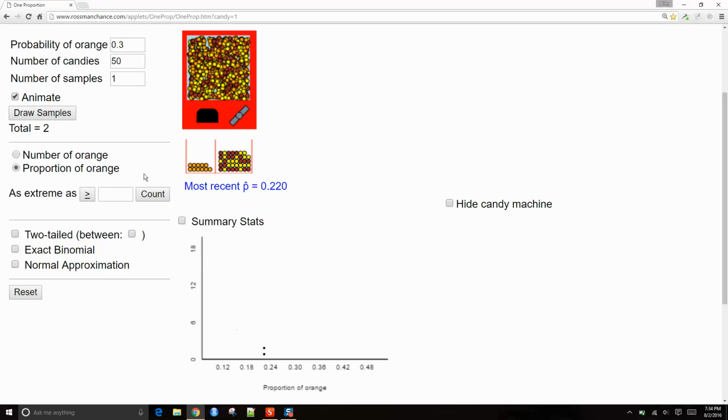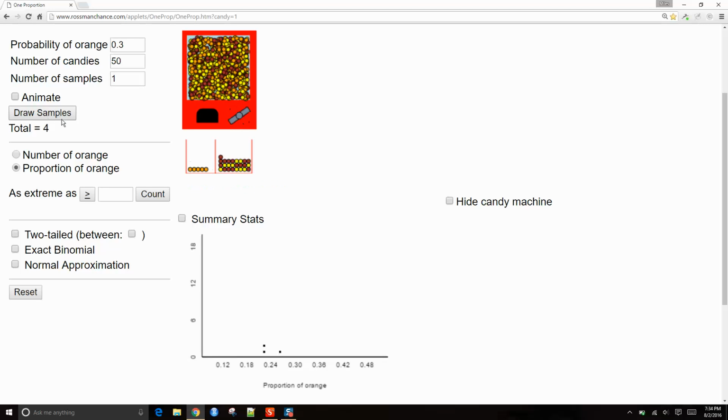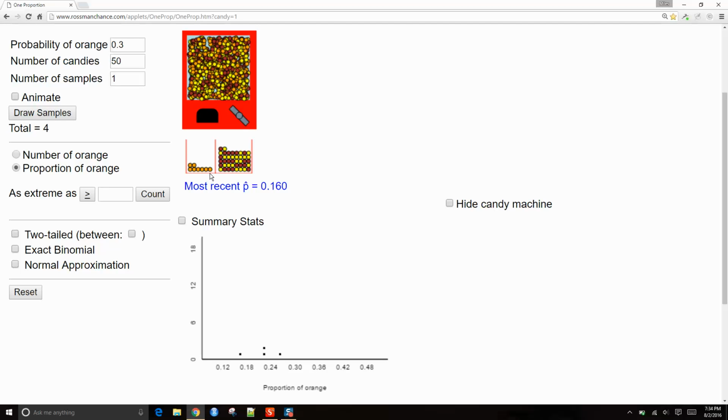Then I'm just going to speed this up. Here we have 13 orange pieces, so that's 26% orange, so we get a dot right here at 26. Sample number 4, there were only 8 orange pieces, so we get only 16% orange, and that gets a dot right there.